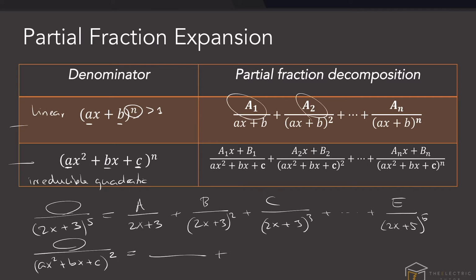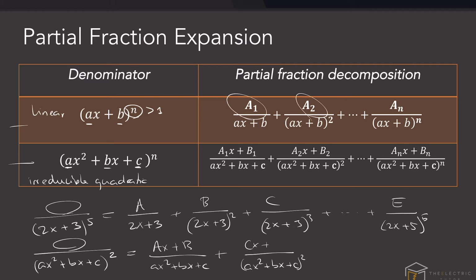What I need to do is put an ax squared plus bx plus c, and then another ax squared plus bx plus c, but this time squared. And now on the top, instead of just putting a or b or c, we're going to need to put ax plus b.